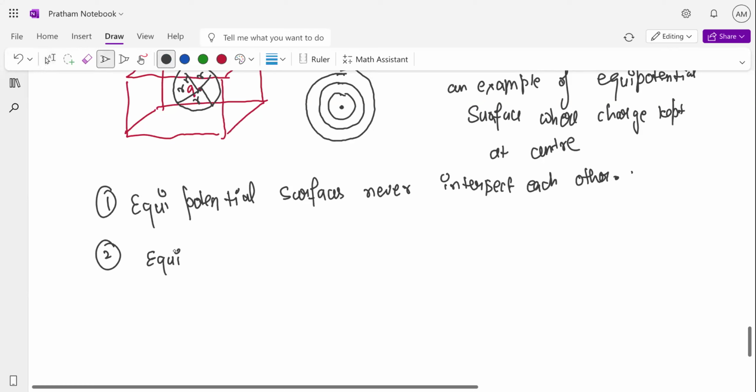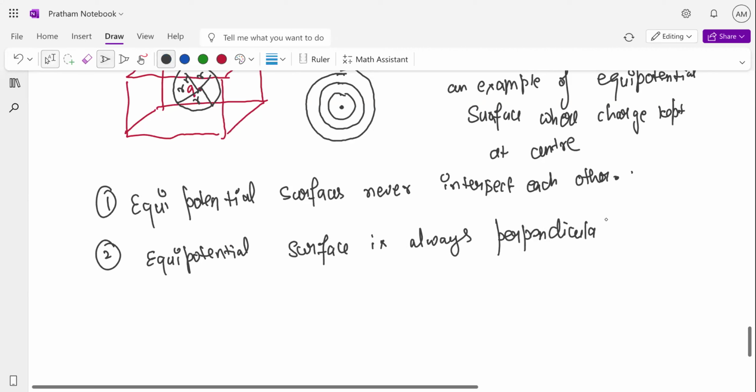So an equipotential surface is always perpendicular to the electric field.